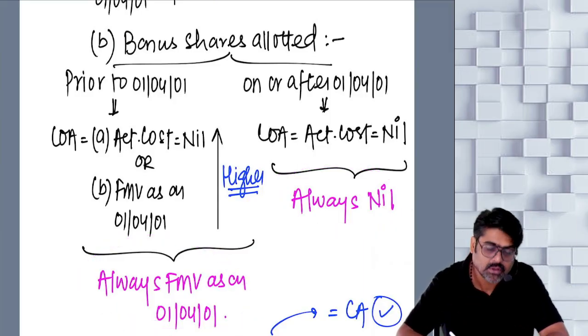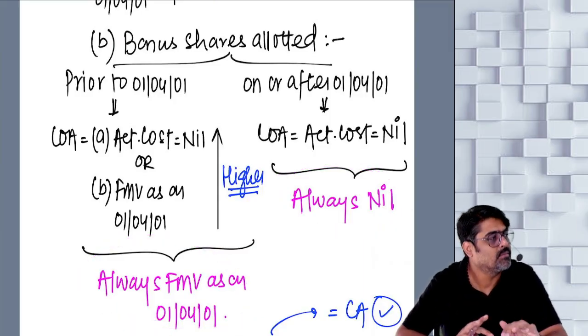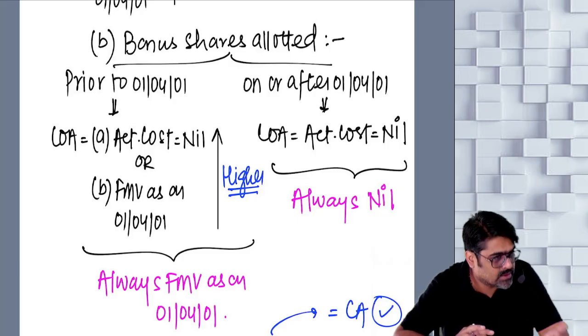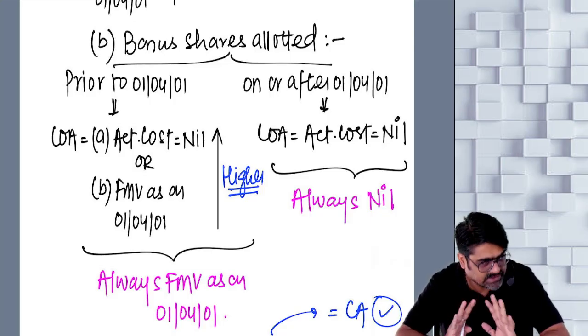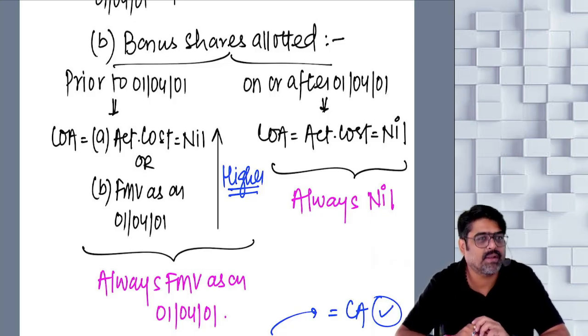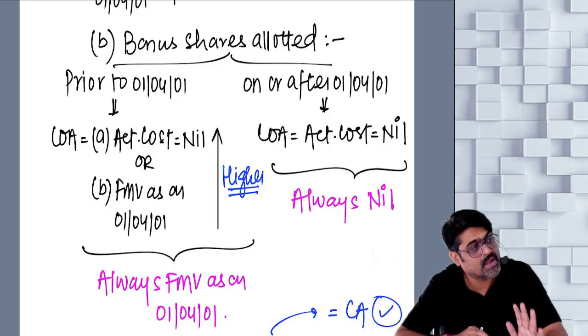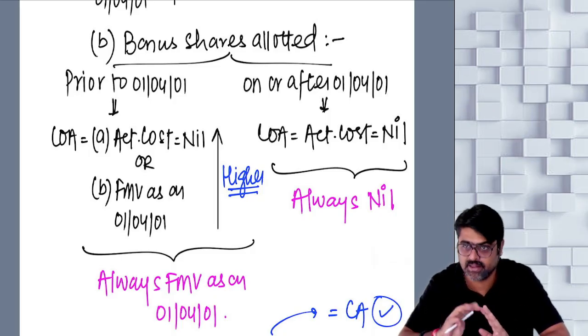Now since you are having some acquired shares plus some bonus shares, you are already a shareholder. Based on this shareholding, the company is giving you a right to acquire right shares at a predetermined price.